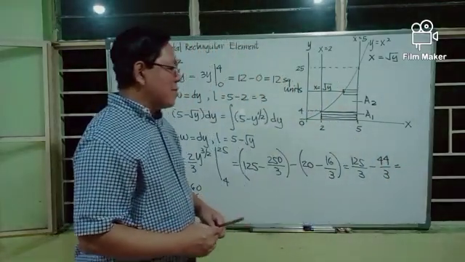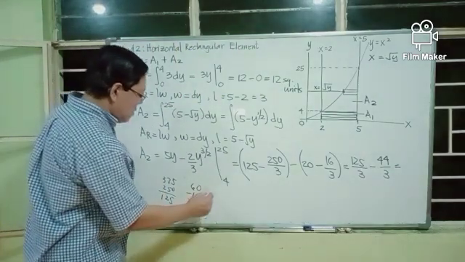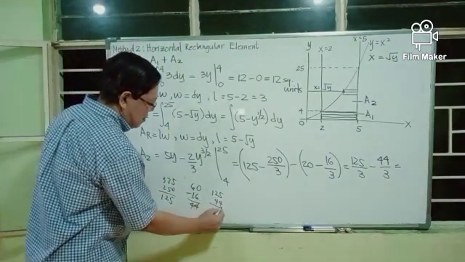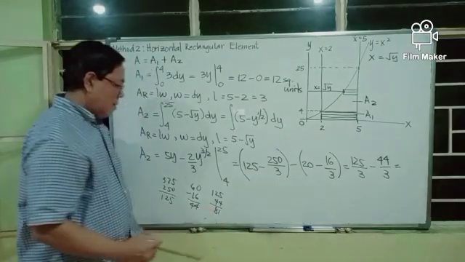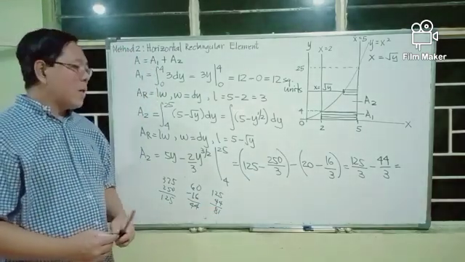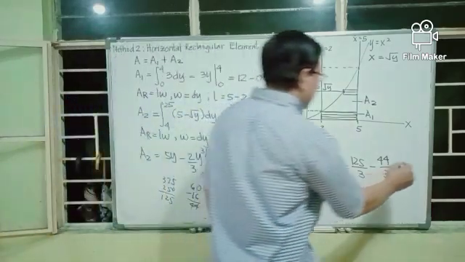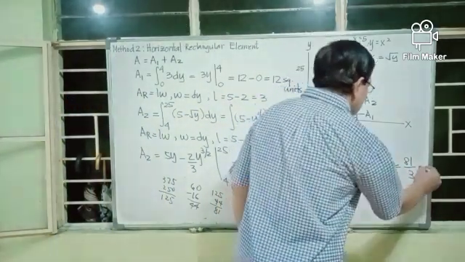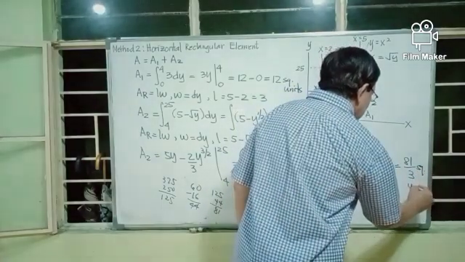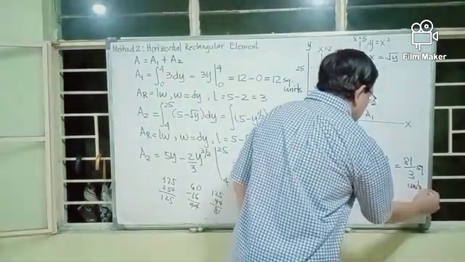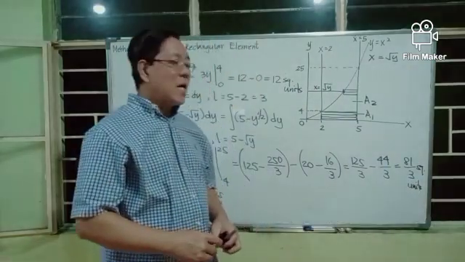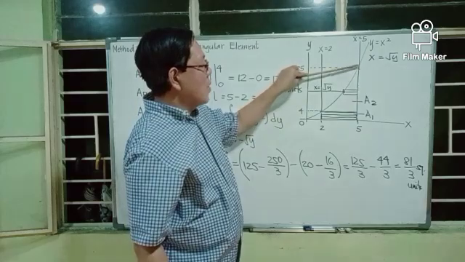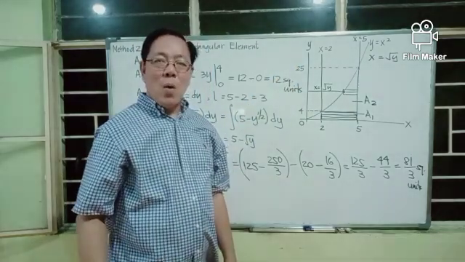And 125 minus 44 is 81 over 3. So the area A sub 2 from this point up to this point is 81 over 3.